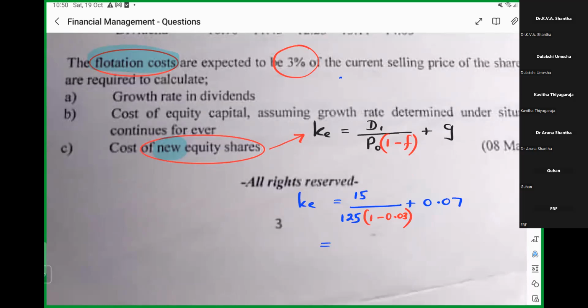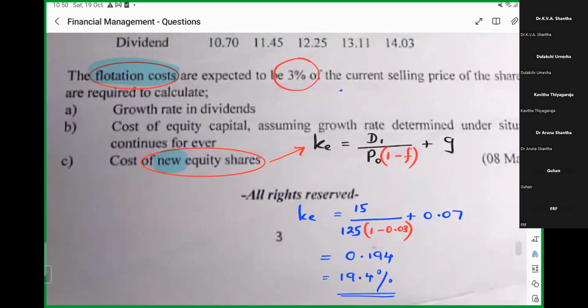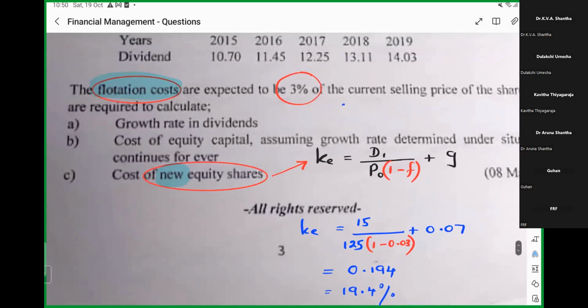How much? 19.4. Yes, 19.4%. So this is on the cost of capital lesson.